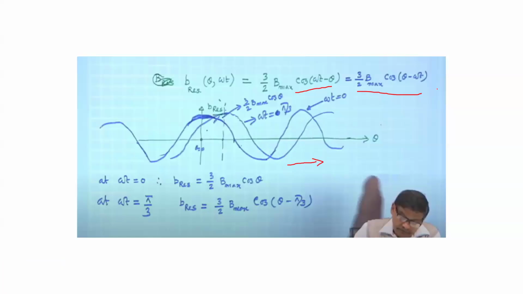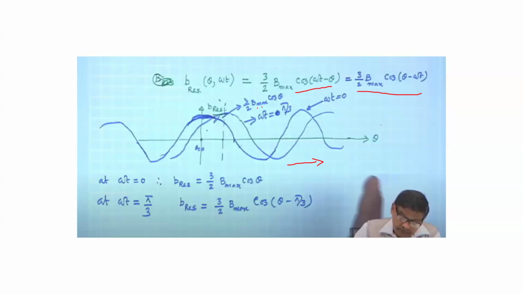So what does this mean? It means that the resultant air gap MMF is a sinusoid, but it is a rotating sinusoid. And what is the speed of the rotation?